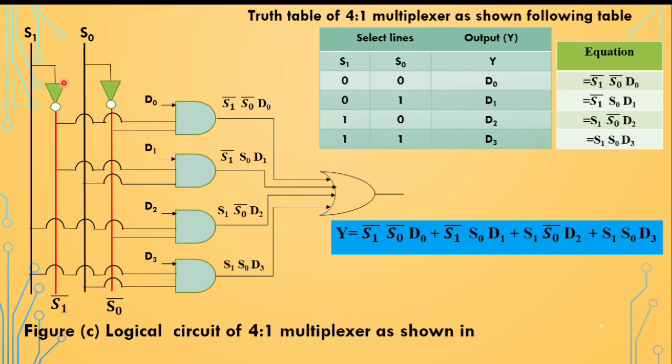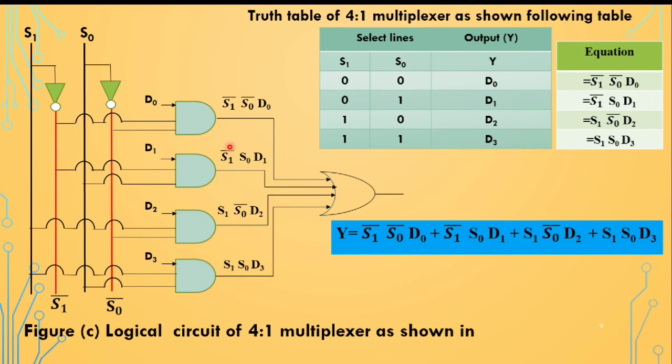Here we have taken the NOT gate. If we give 1 to the NOT gate, we get 0, or vice versa. Similarly here also. So by using this equation we connect the inputs of the AND gates. You have already understood how to connect the inputs of the AND gates to S1, S0, S1 bar, S0 bar.